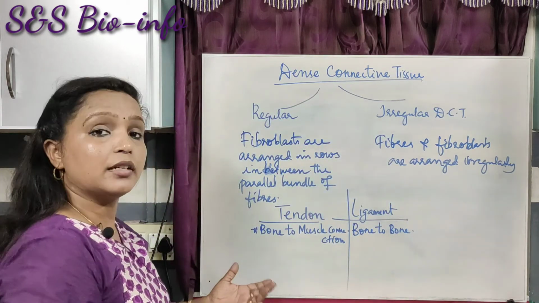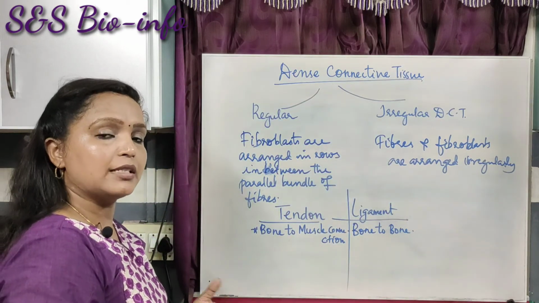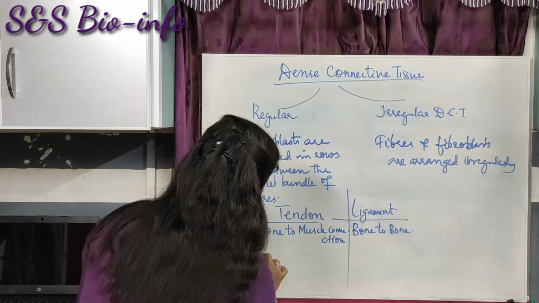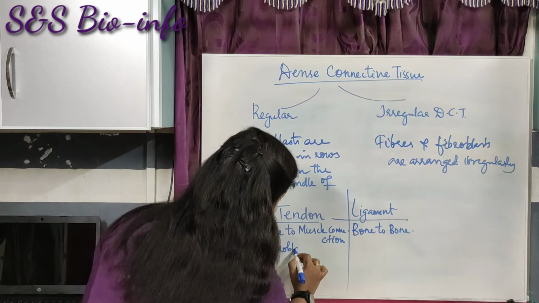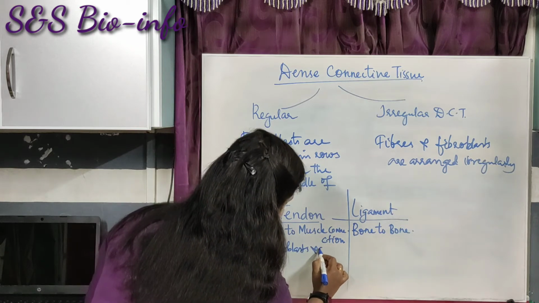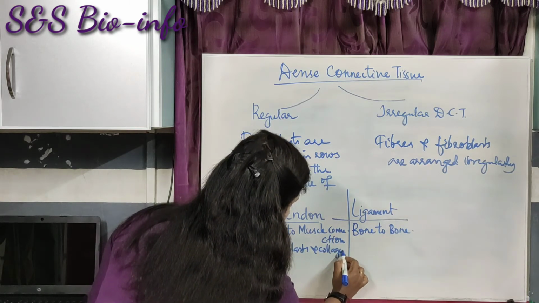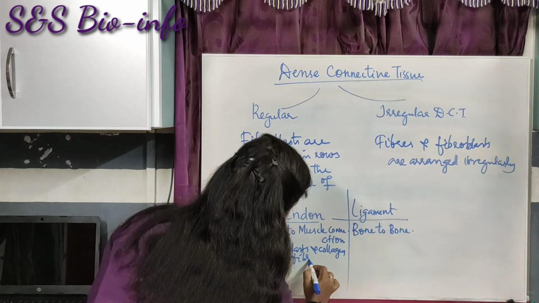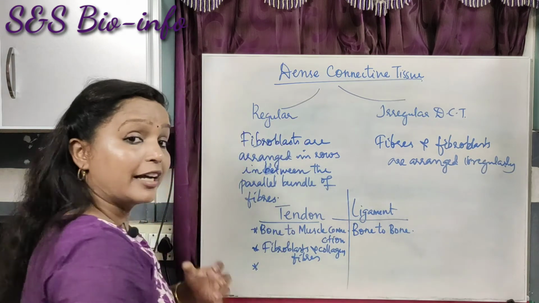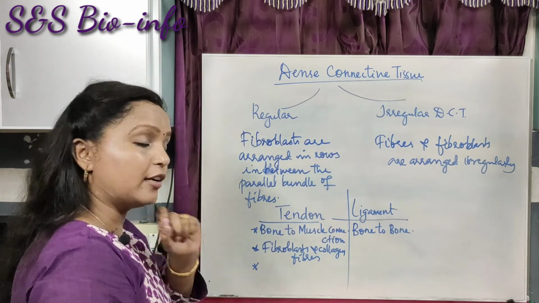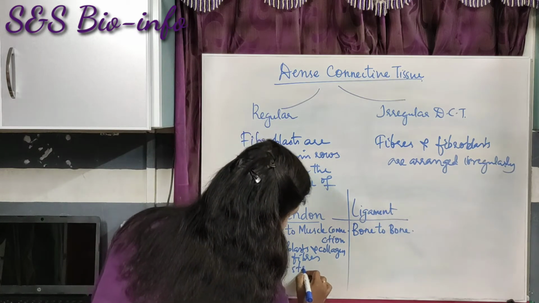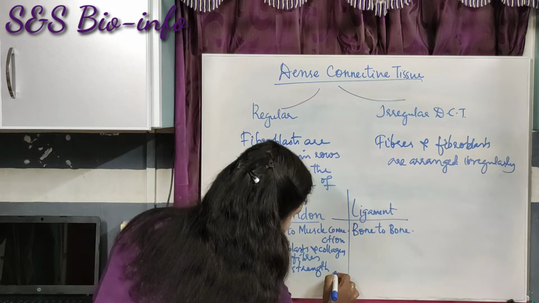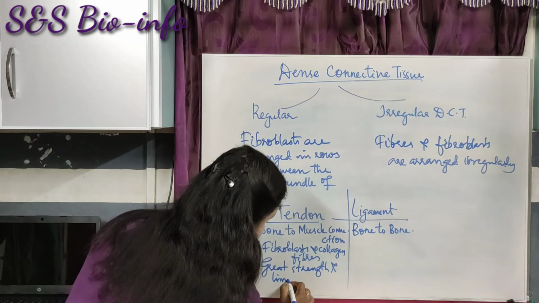Okay, the tendon consists of fibroblasts and collagen fibers, and it has great strength and limited flexibility.